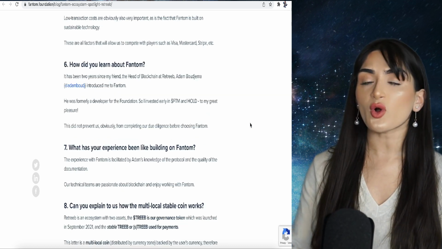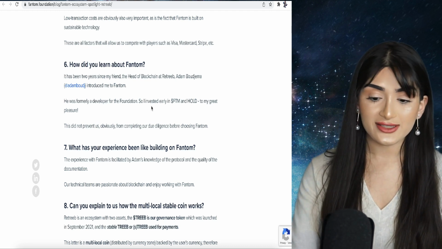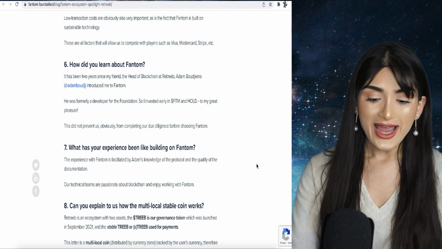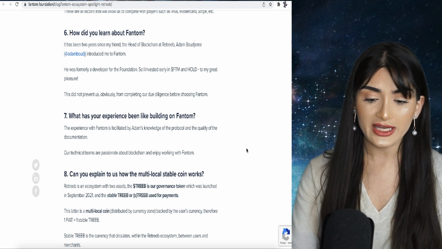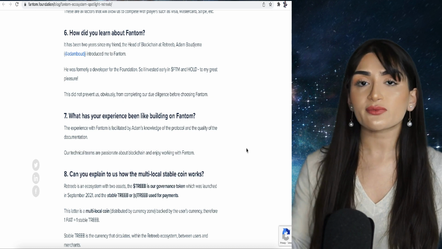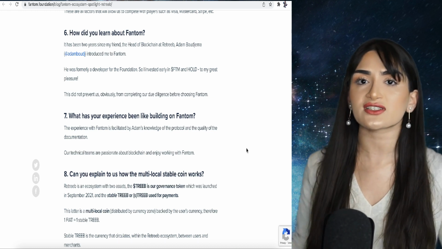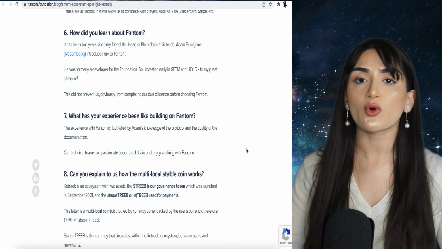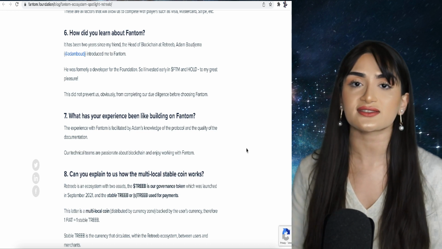And this is an example of a successful project built on Fantom. Funnily enough, the developers actually said they invested in Fantom to hold, and in the end, they knew the protocol and the quality of the documentation, so they chose Fantom. It's becoming a developer choice, and the more dApps that get built on it, the more functionality we see in Fantom, and the more scalability and mass adoption, because it gives us use cases essentially.